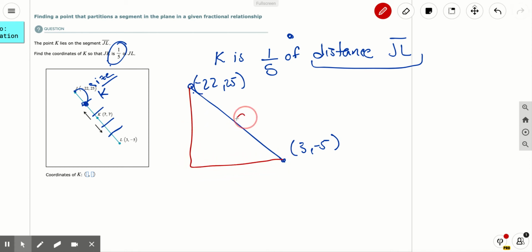Okay, so here we go. Like a bird can fly this way, right? It can fly here, but let's pretend you had to go by the streets, okay? This point K is 1/5 of the distance. Now, what that means is that it's literally going to be 1/5 of this distance down. It's going to be 1/5 of there and 1/5 of this distance. Okay.